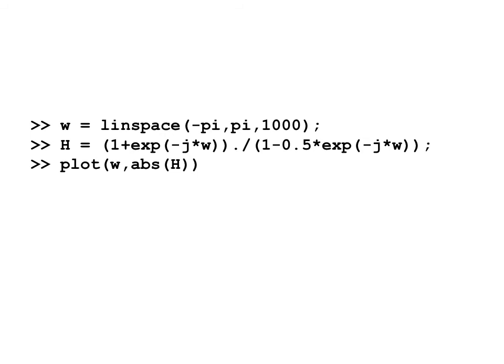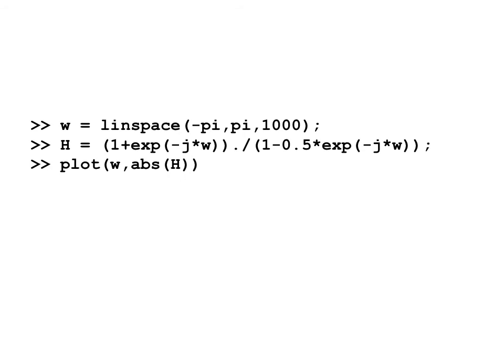Then H, which here is implementing the transfer function 1 plus e to the minus j omega, divided by quantity 1 minus 1/2 e to the minus j omega, is calculated this way. Notice that the numerator is actually an array of points and the denominator another array of points, so they need to be divided a special way, dot slash instead of just slash.